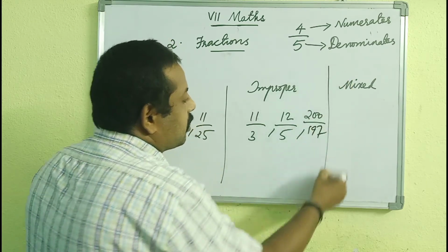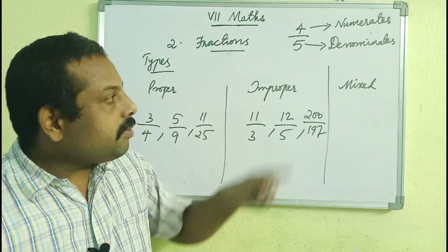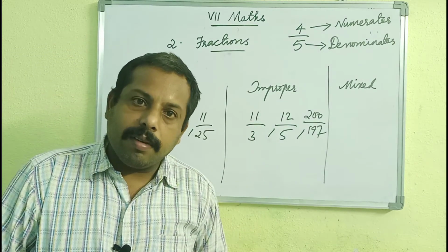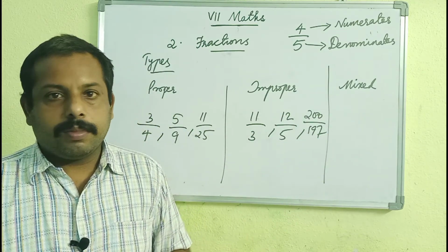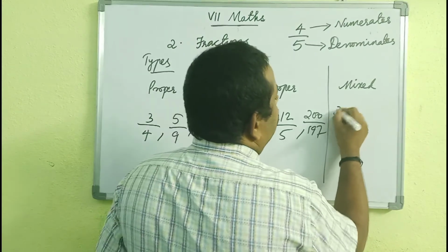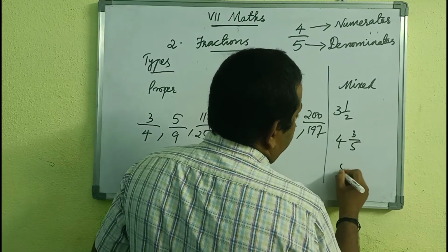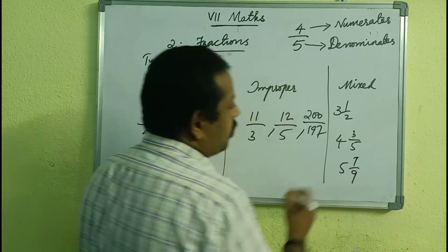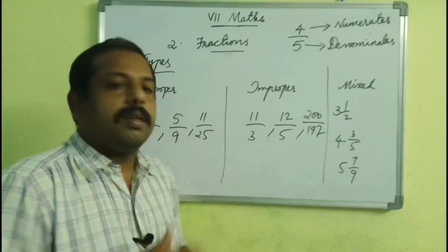These all are examples of improper fractions. Mixed fractions are fractions that have one whole number part and one fractional part. For example, 3 1 by 2, 4 3 by 5, 5 7 by 9. These all are examples of mixed fractions.